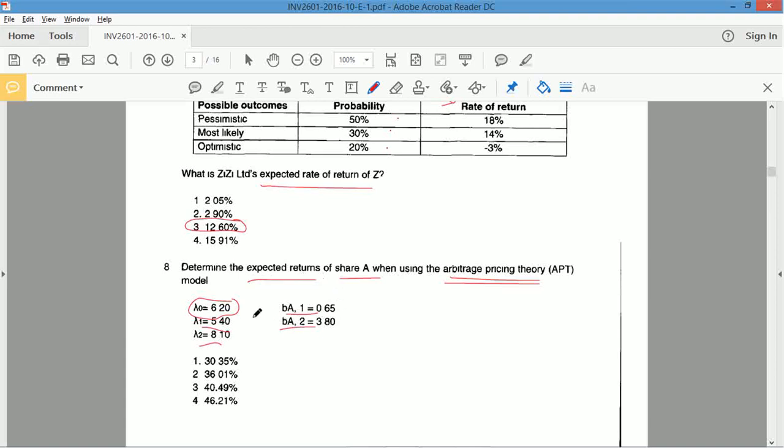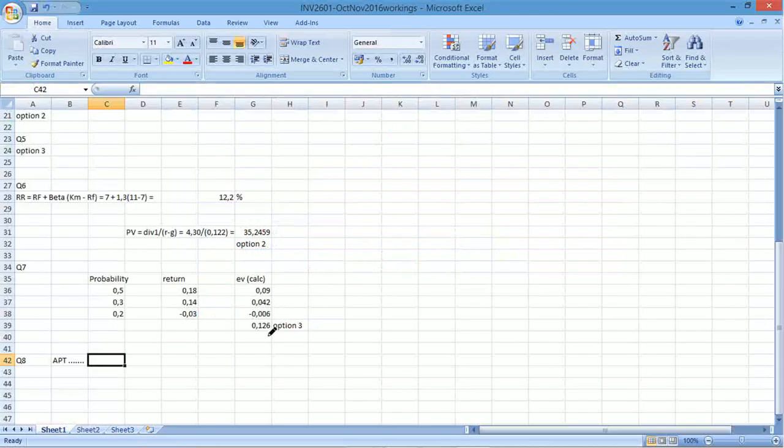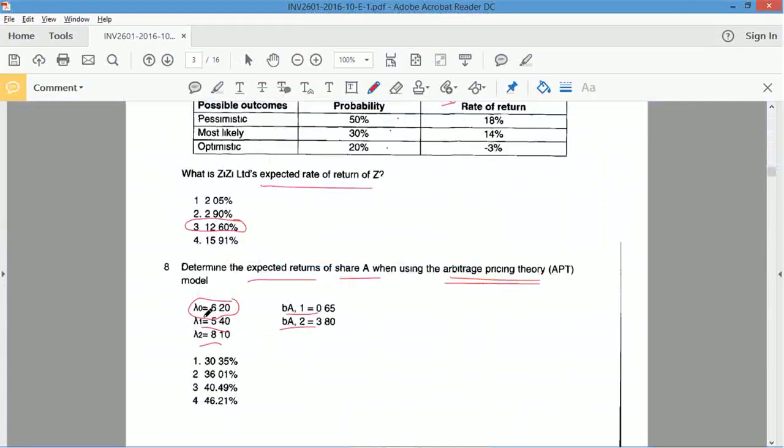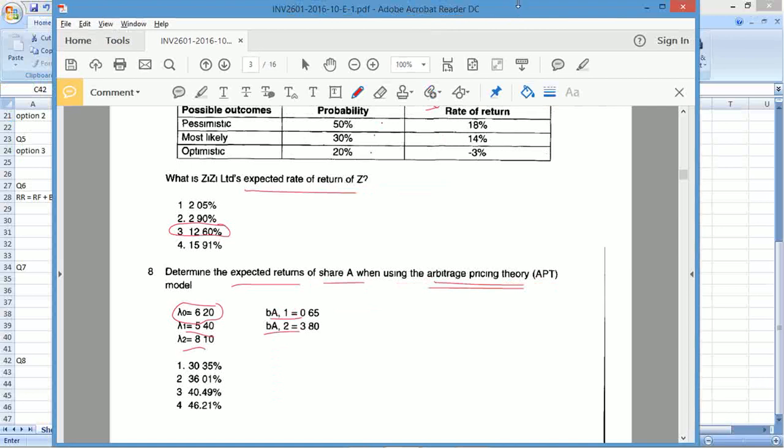So the expected return of A would be 6.2, which is the starting point. So the expected return would be 6.2 plus, open brackets, the return here. Let me shrink this so you can see everything.